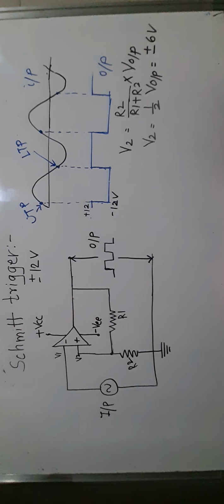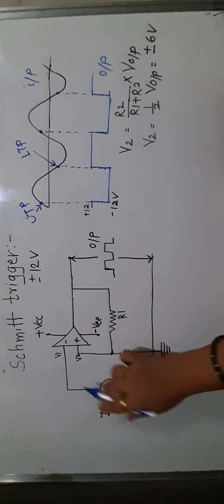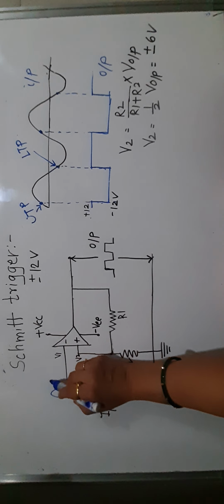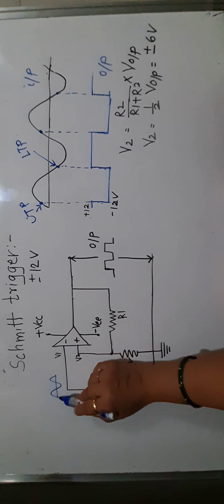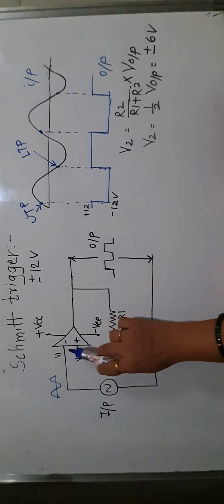Now let's see the working of Schmidt trigger. Initially, when the supply is switched on, this input voltage is 0. Here the waveform is like this, so initially this voltage is 0.